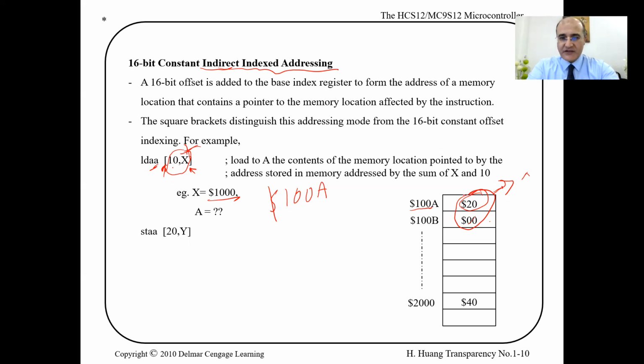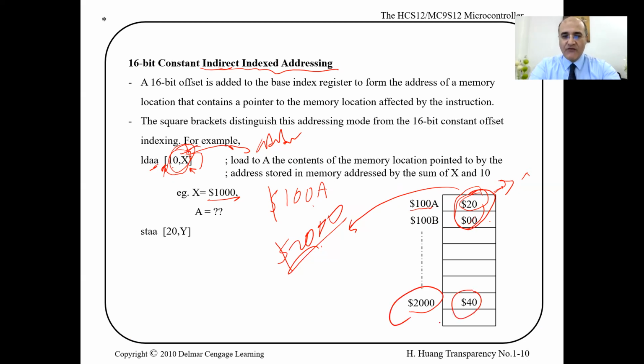This is the address where the operand is at. So if we use the brackets, then what's inside here is an address. The sum of these two will result in an address. The address is 16 bits, so we look at two locations, 100A and 100B. We get a number. What is this number? 2000. This is our new address. We go to address 2000.